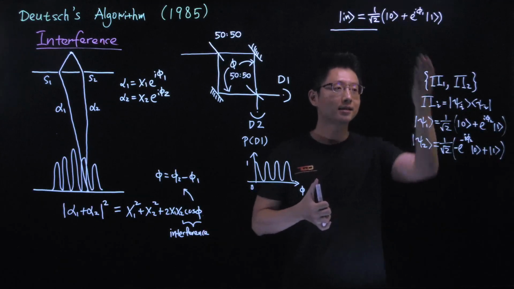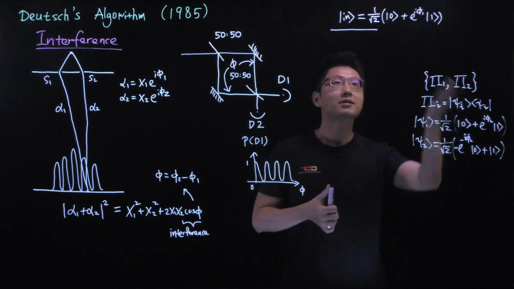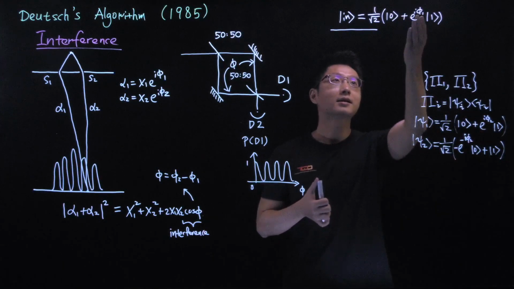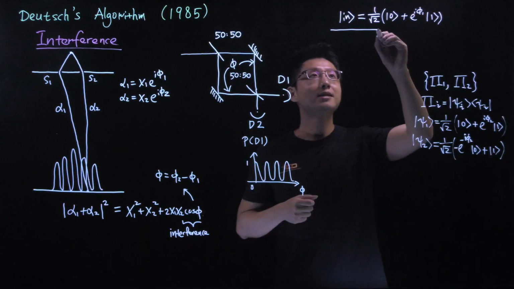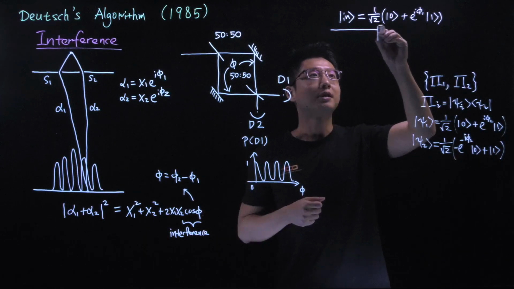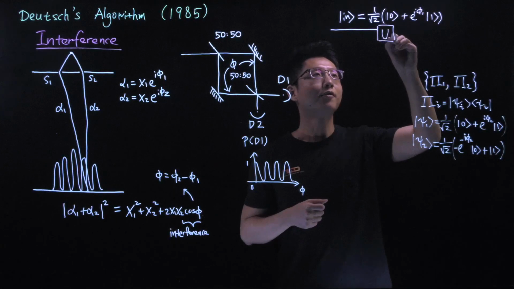You can see that relative to the incoming state, they look very similar, except there is a difference of phi 1 here and phi 2 over here. So this measurement is effectively done by doing a unitary before the measurement.